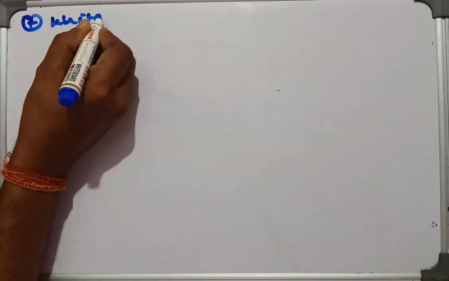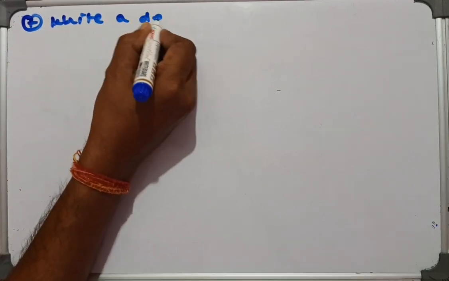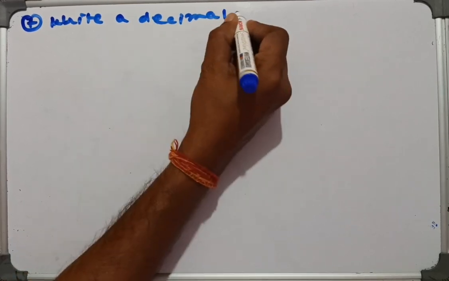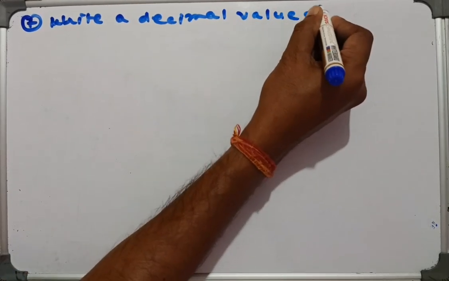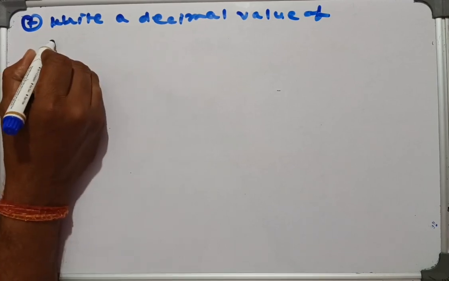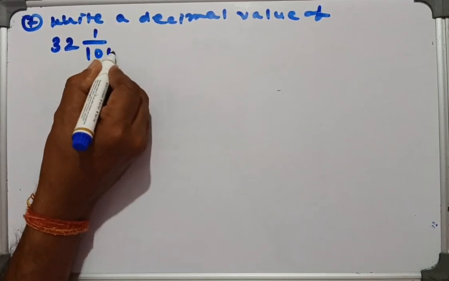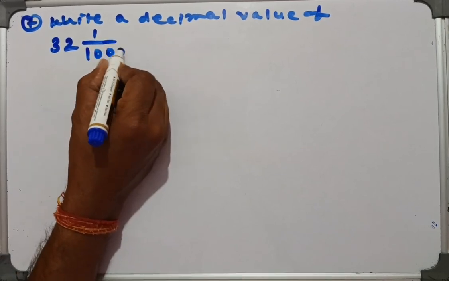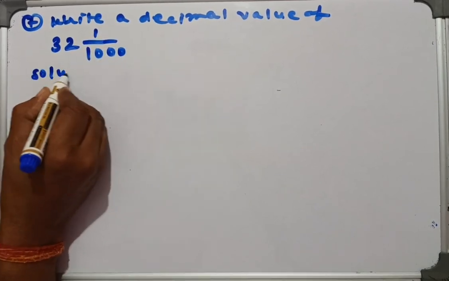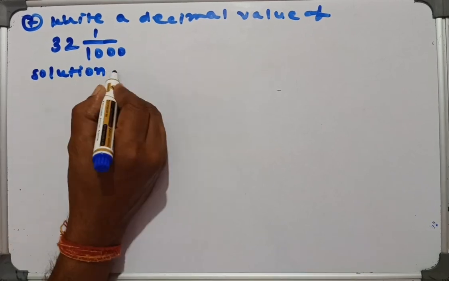Now see another example. Write a decimal value of 32 1 by 1000. Solution.